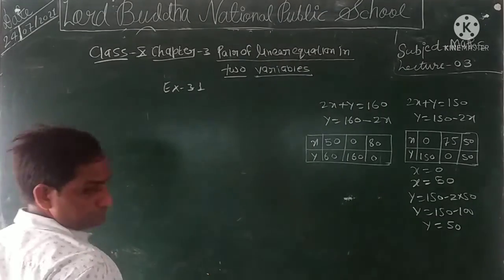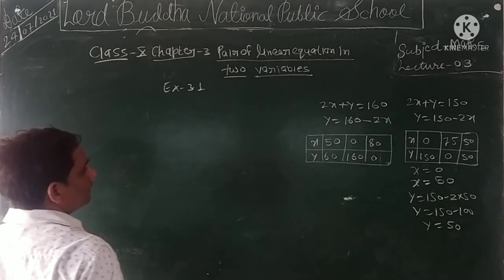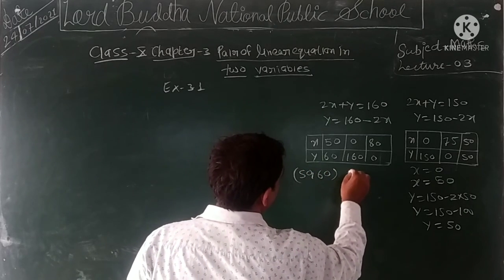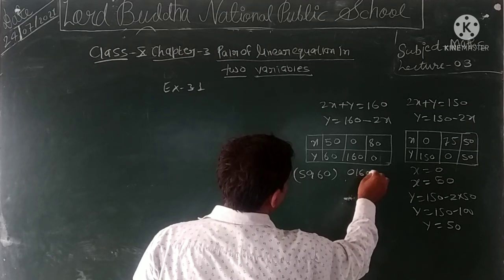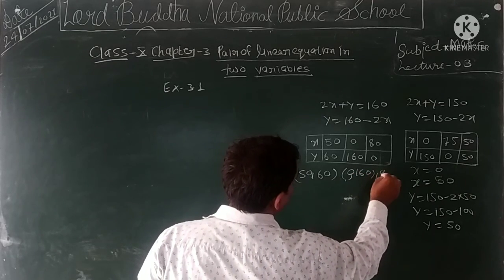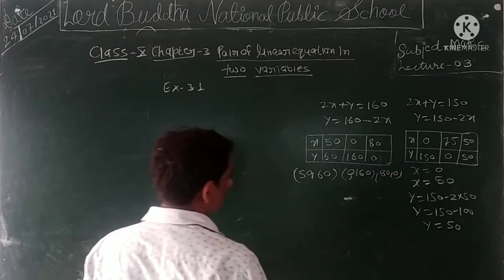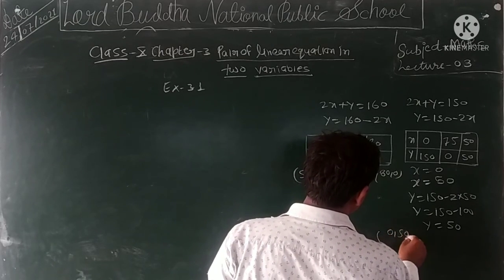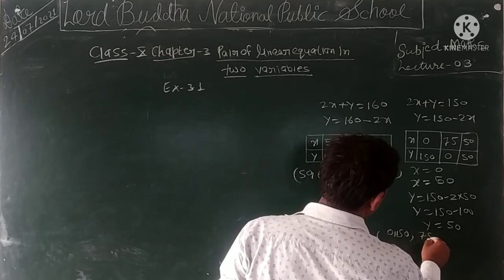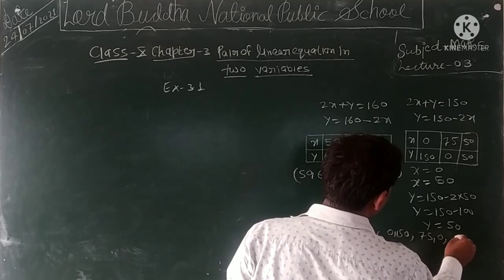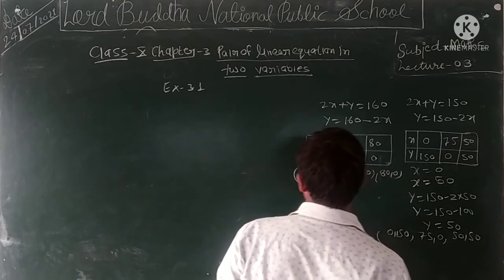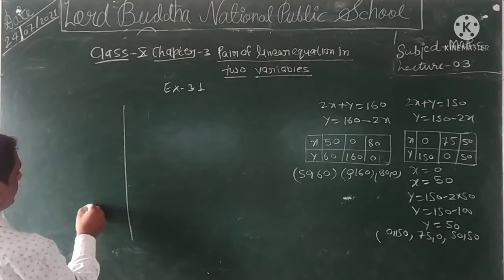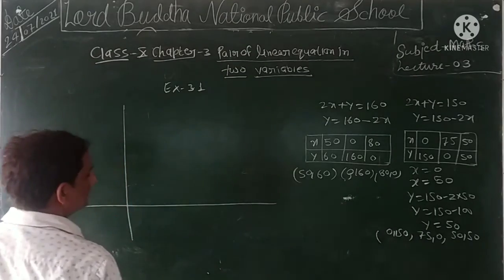Now we draw the graph for this. First of all, we write the pairs: 50 60, 0 160 and 80 0. And here the pairs will be 0 150, 75 0 and 50 50. We take a scale because these values are very large.